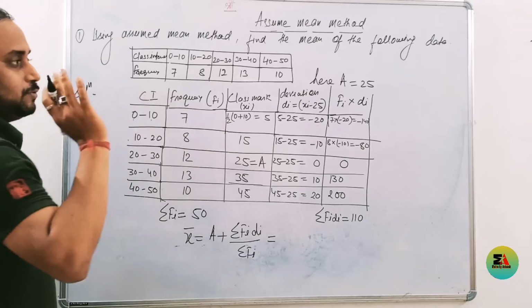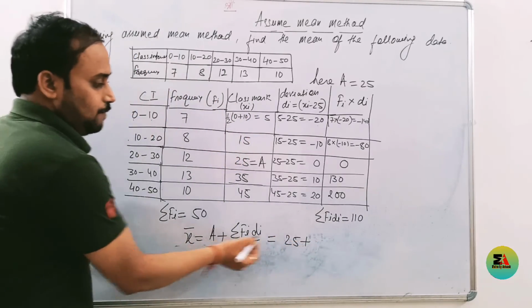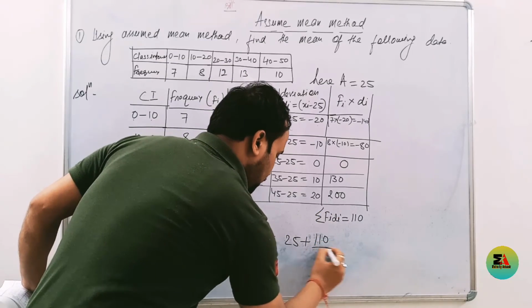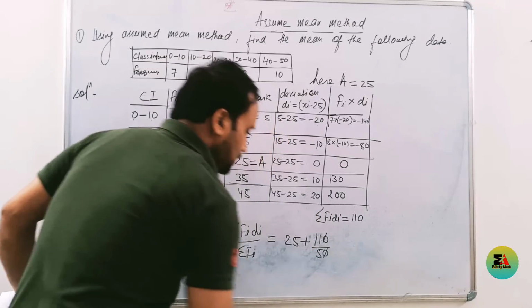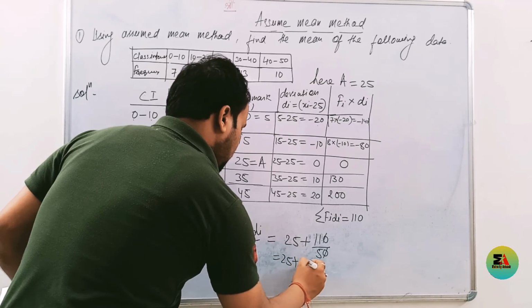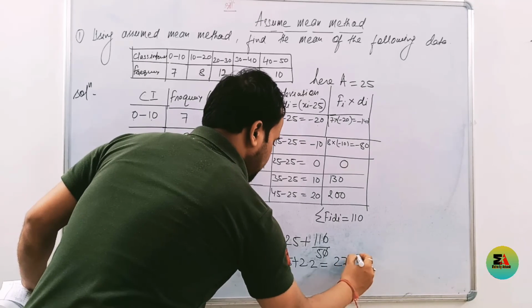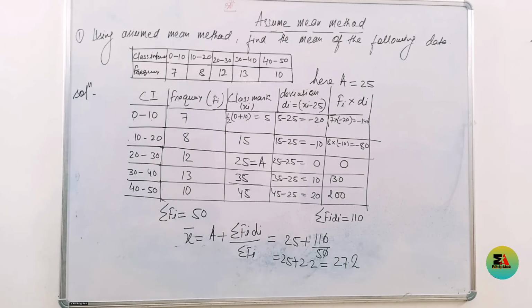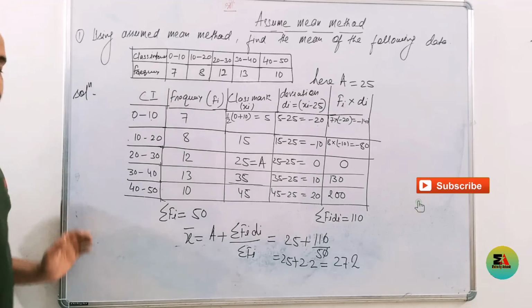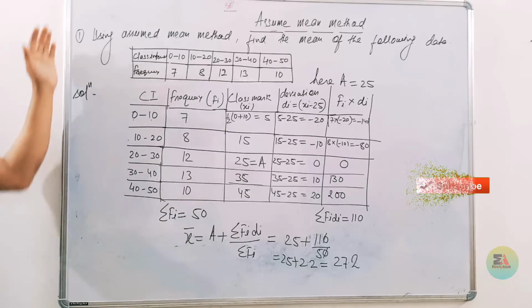You have to assume that A is 25. What we write here: 25 plus summation of fi di, already calculated as 110, divided by 50. This will cancel out. You divide it, you get 2.2. After solving you get 27.2. This is the method used to find the mean by the assumed mean method. Clear?